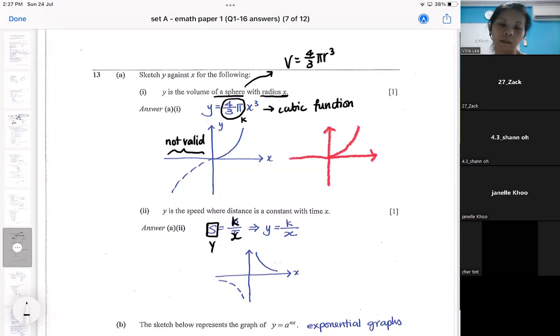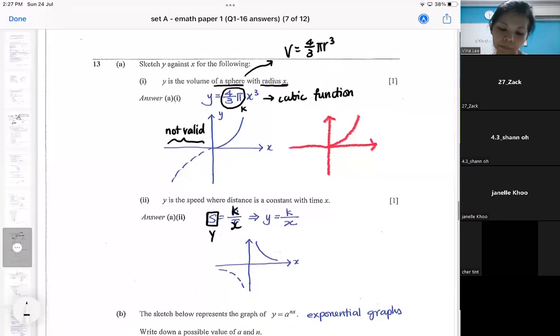I replaced each of the items with whatever they told me. So this one is the exponential function. Sorry, this one is the reciprocal. This is the one that is under reciprocal, and the power is -1. If you look under the summary, it's supposed to be like this.